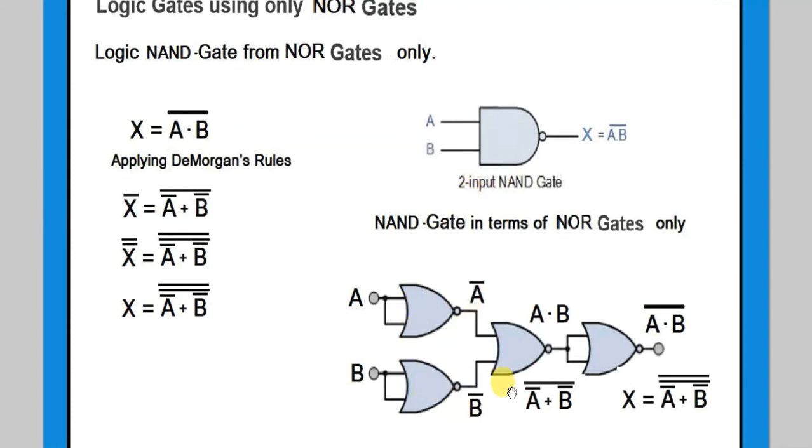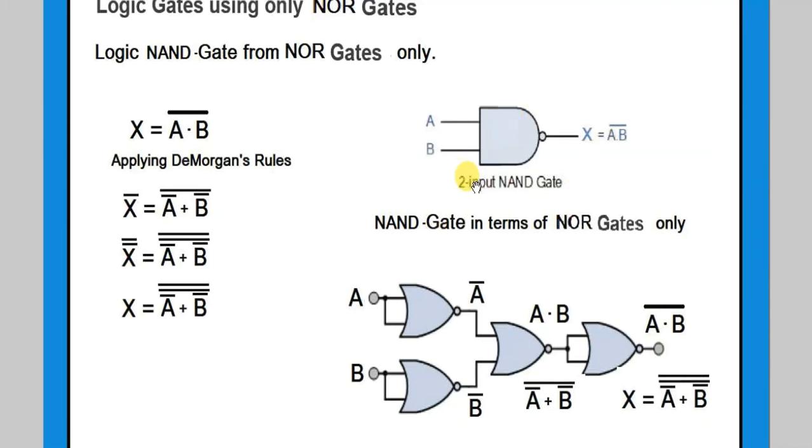When fed into the two input gate, we get A complement plus B complement of whole complement, which is equivalent to AB. If you take the double complement of AB, it is equal to AB. But when this AB is fed into another NOR gate used as an inverter, we get X equal to A complement plus B complement of the double complement. So A B complement we get at the output.